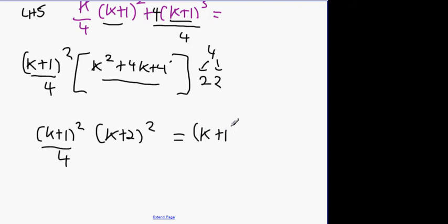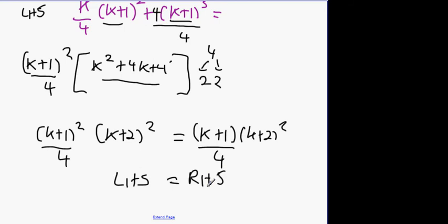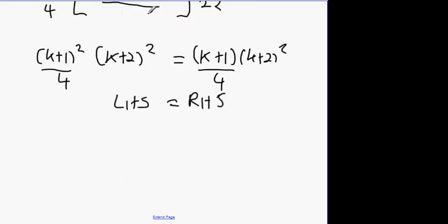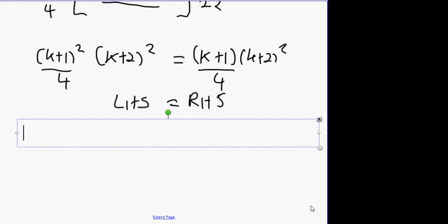So LHS equals RHS, so that proof is done. So what we got here is P of k plus 1 is true if P of k is true.